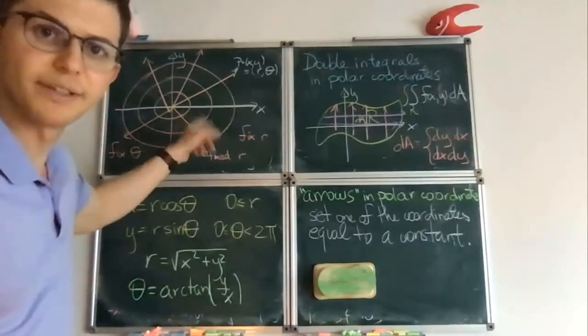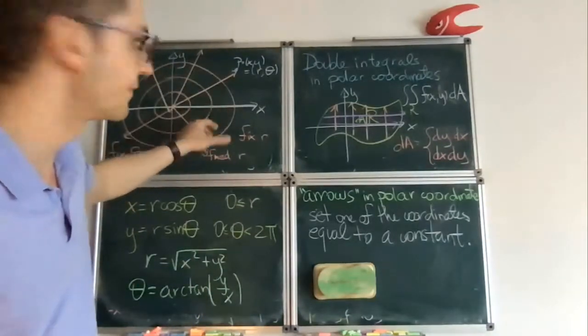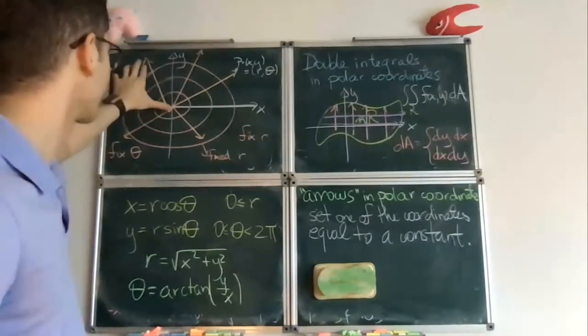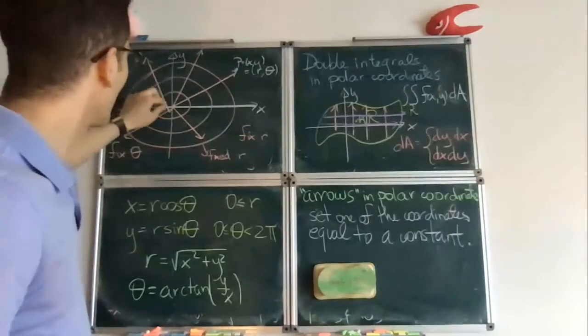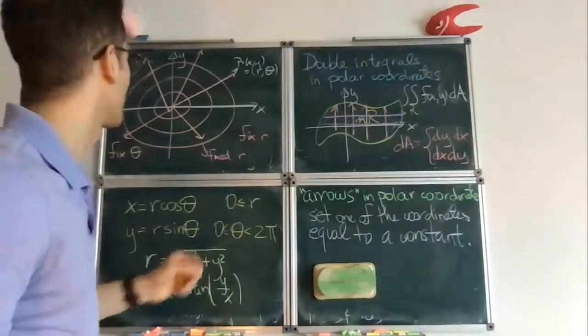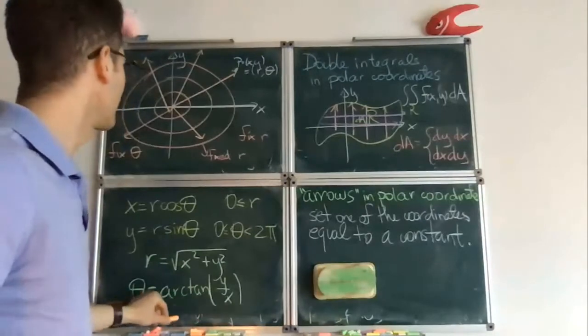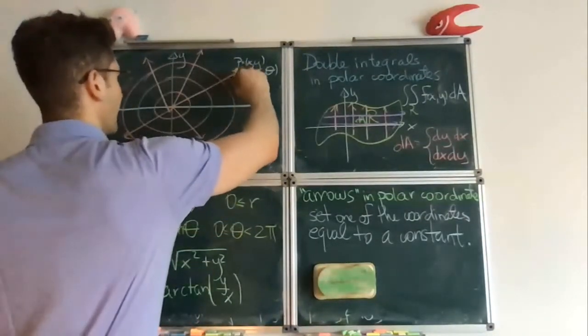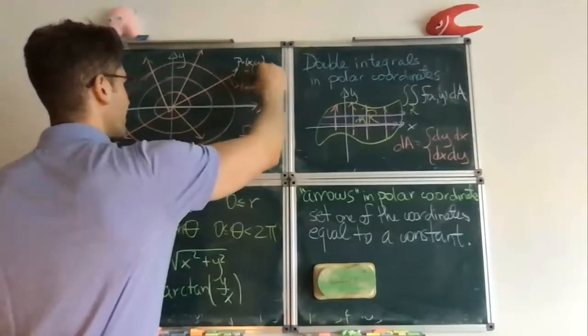Each of these rays has a particular value of theta. For example, this could be like 30 degrees, this is like 60 degrees, this is like 100 degrees. So all the points along this ray have a fixed value of the coordinate.